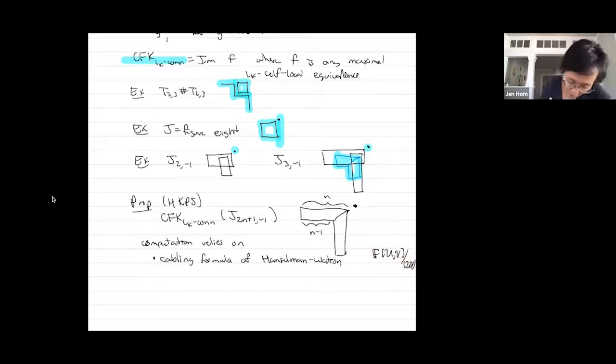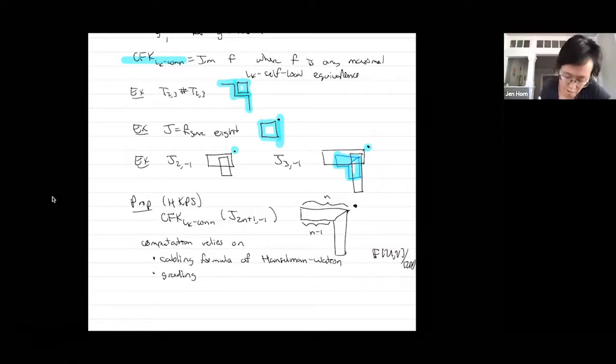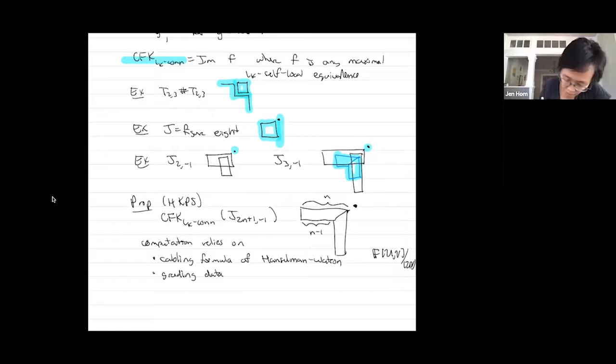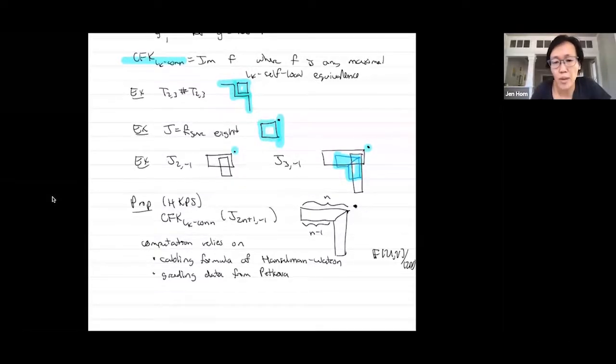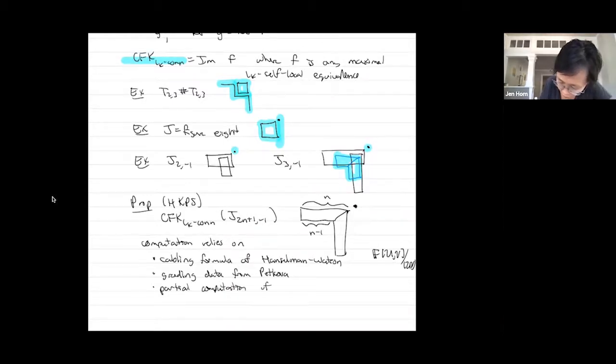So that's what we do. We need some additional grading information, so for that we turn to Ina Petkova's work on cables. We get some grading data from the work with Petkova. And it turns out that iota K satisfies certain formal properties: it squares to the Sarkar map and it's a skew-equivariant map. And so we're able to get a partial computation of iota K just using formal properties.